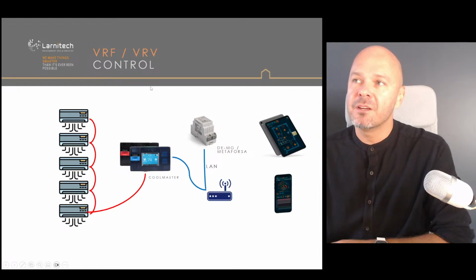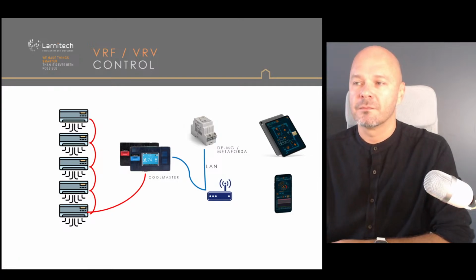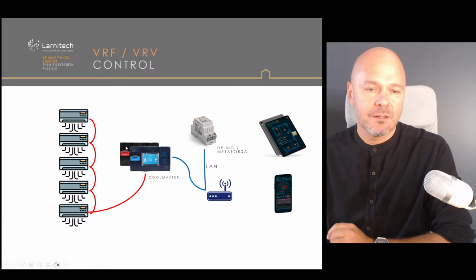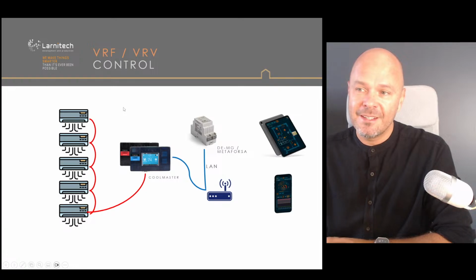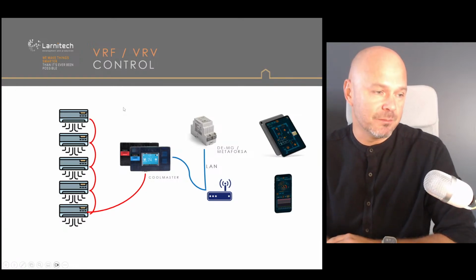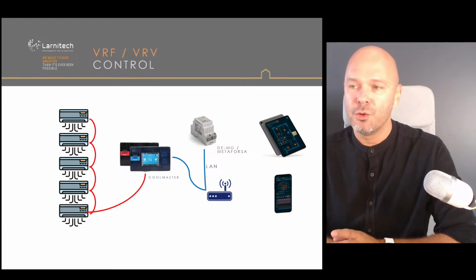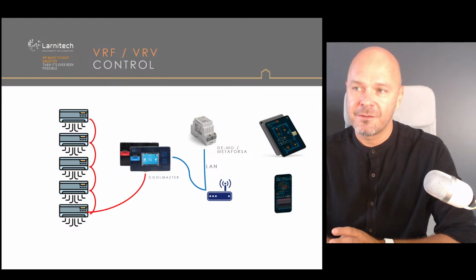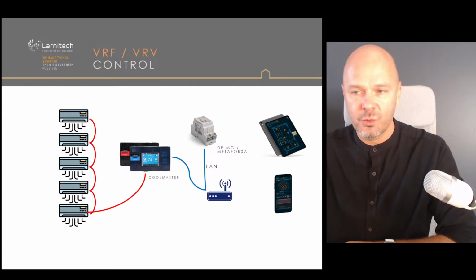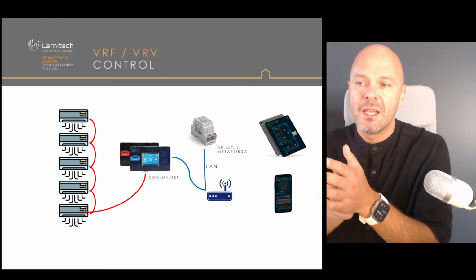And then we have VRF, VRV control. VRF, VRV control is sometimes more simple because VRF is smart already. All VRF modules have an address and they usually have connections between each other or with the external module.